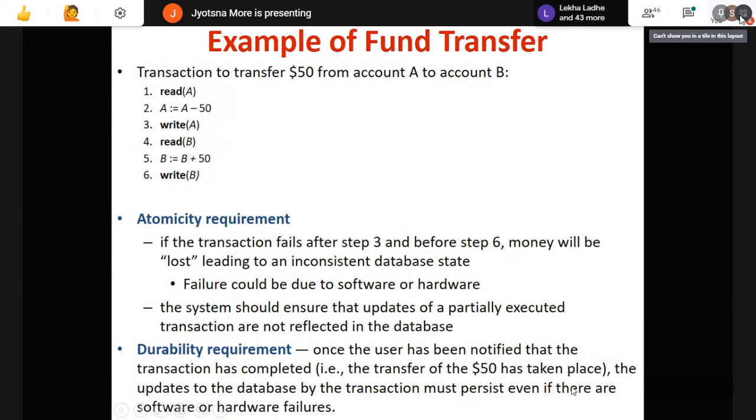Anything can happen after that, but the update has to be present. So the durability requirement needs to be satisfied. The value of A and B will be 150 and 250 after that, and has to be updated in the database permanently. So that is durability. You can explain the same with the example.